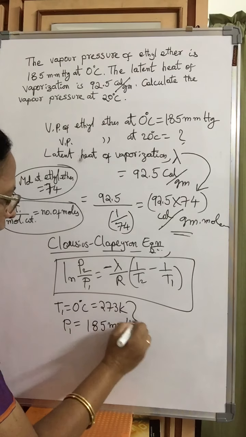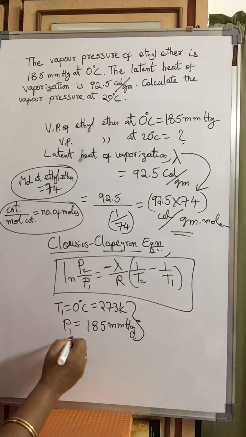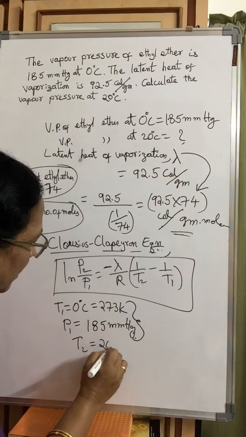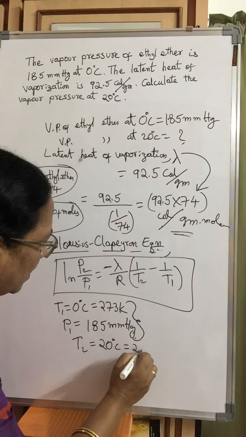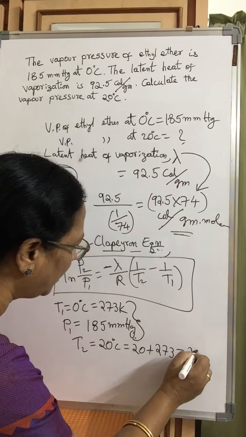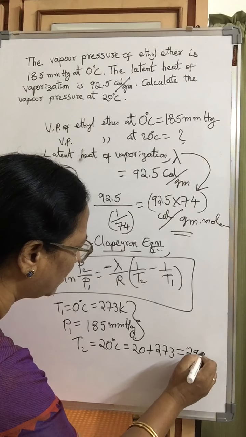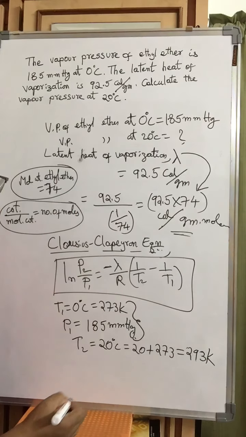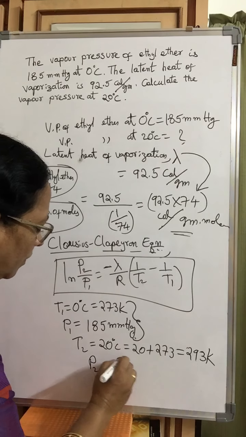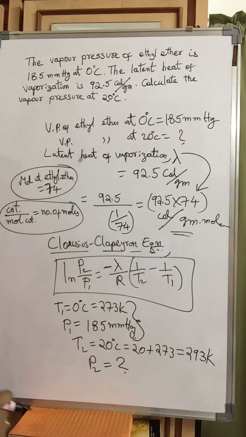This is one set. Next, T2 is equal to 20 degrees centigrade, that is 20 plus 273, that is 293 Kelvin. Then P2 is equal to how much? That is the question.